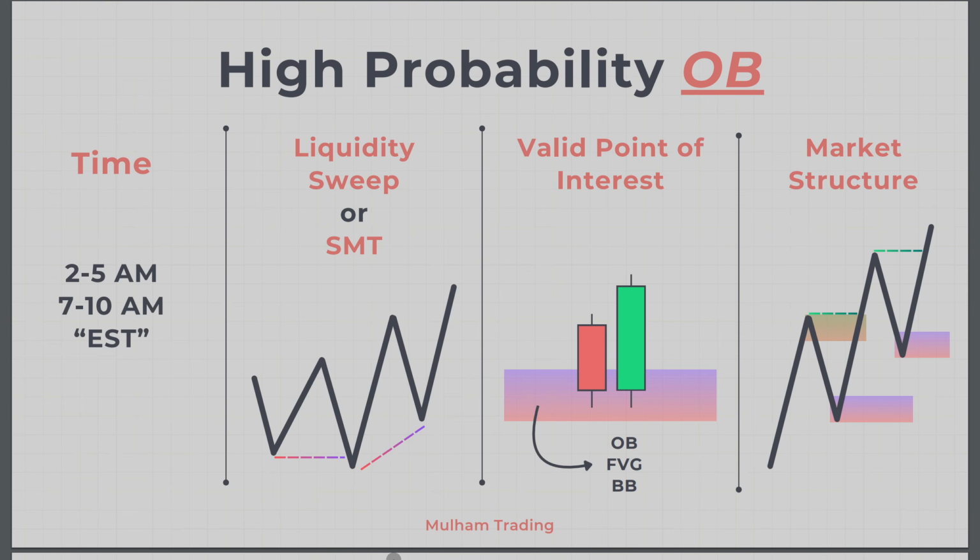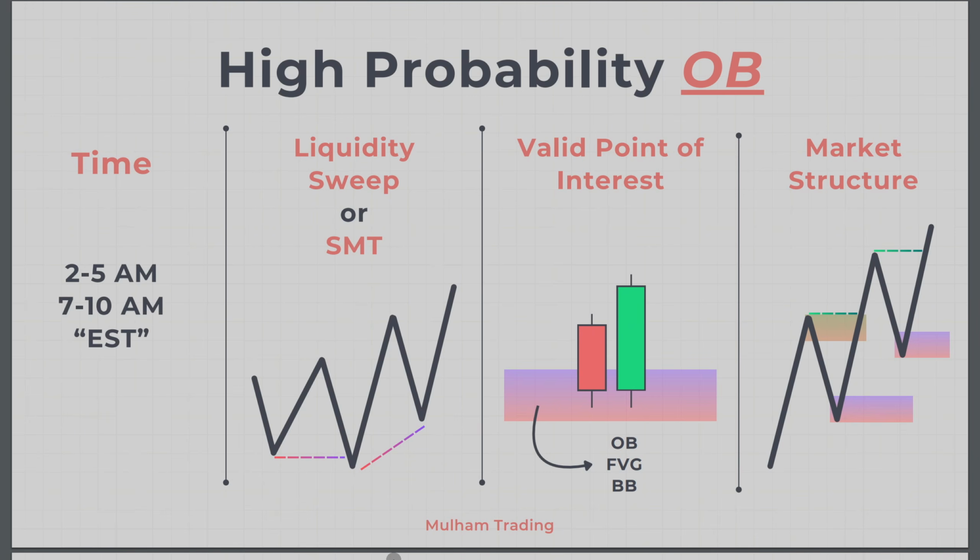The first one would be the time. Now, an order block that is happening at the end of the day is not going to be as high probability as one that is happening in the New York kill zone, as an example. The one in your kill zone is more likely to hold price and to establish an expansion, unlike the one happening at the end of the day, where price will most likely range around that order block and maybe take it and maybe not respect it.